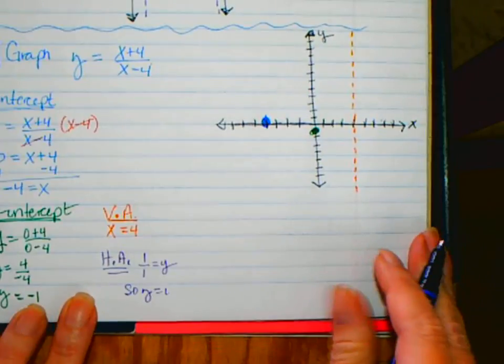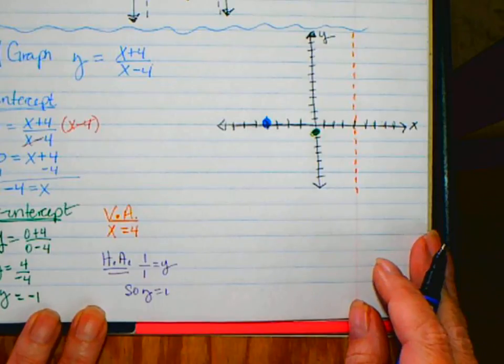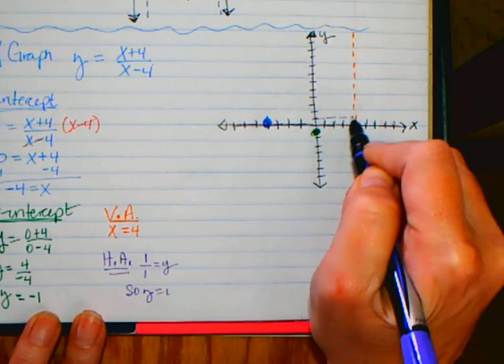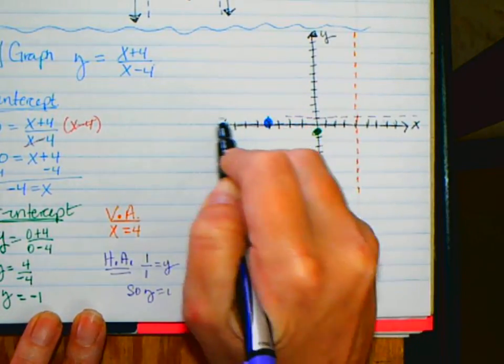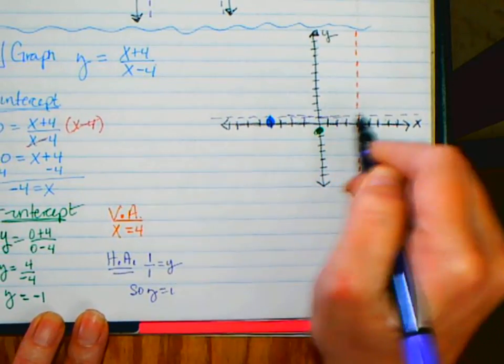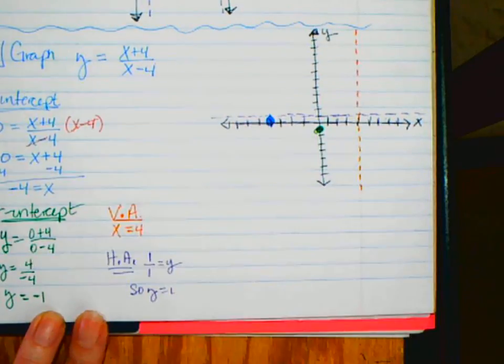That's a vertical. I'm sorry, not vertical. Horizontal asymptote goes through positive 1. Trying to make this as pretty as I can. Need a ruler.